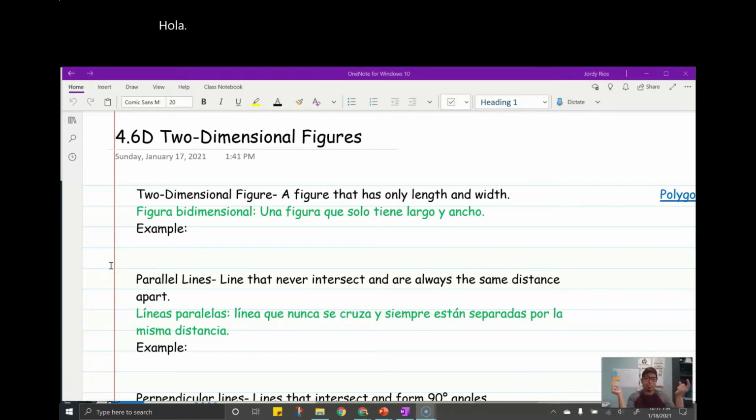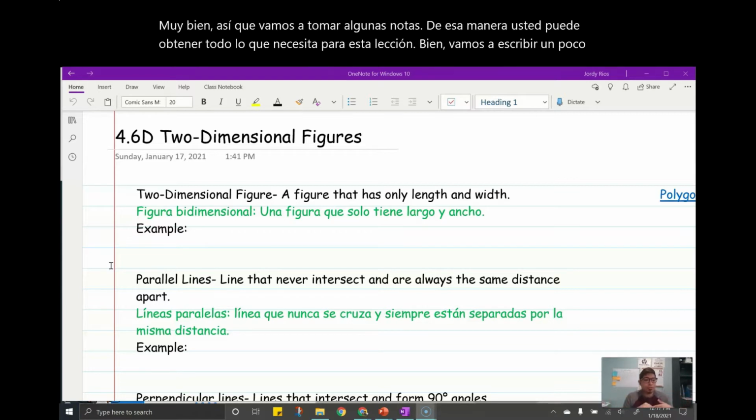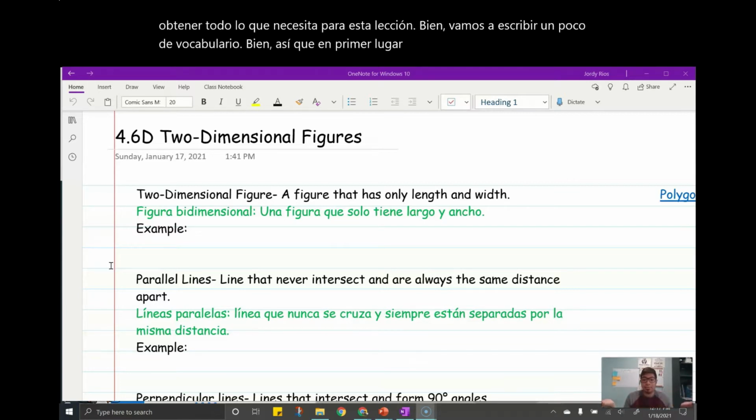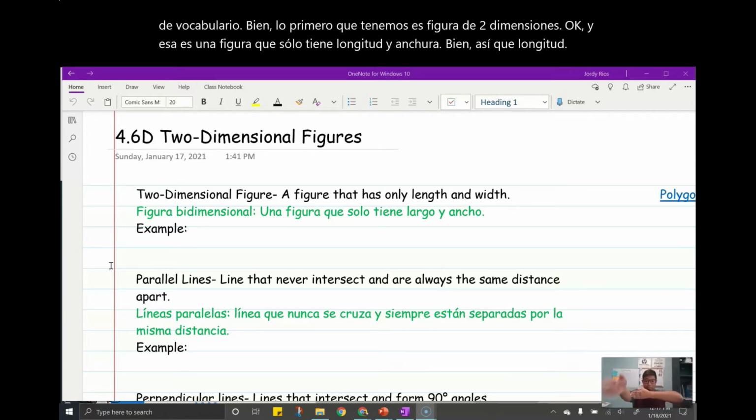Alright, so we're going to be taking down some notes so that way you can get everything you need for this lesson. Let's write down some vocabulary. First off we have two-dimensional figure, a figure that has only length and width, but not height.